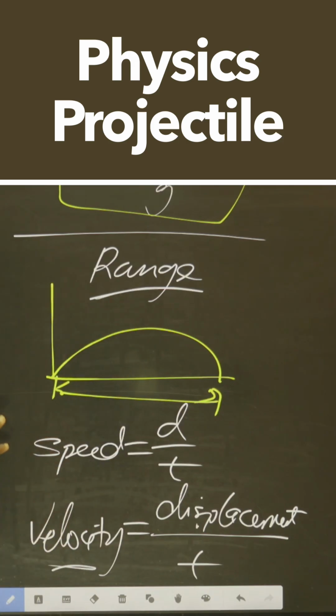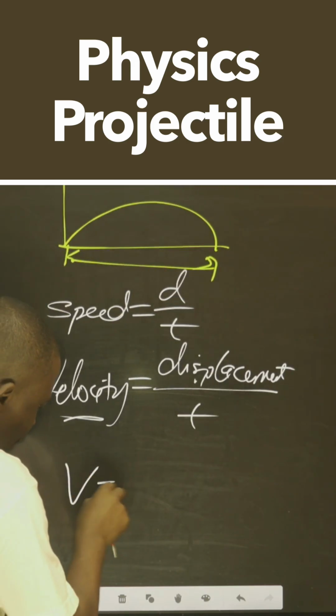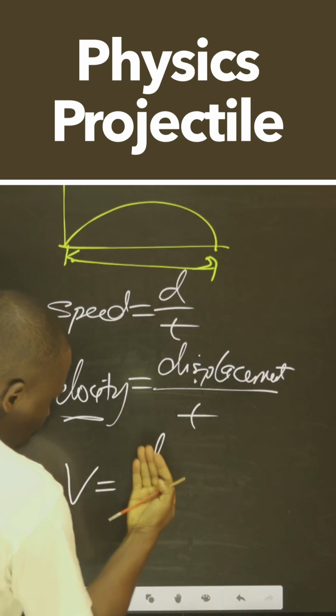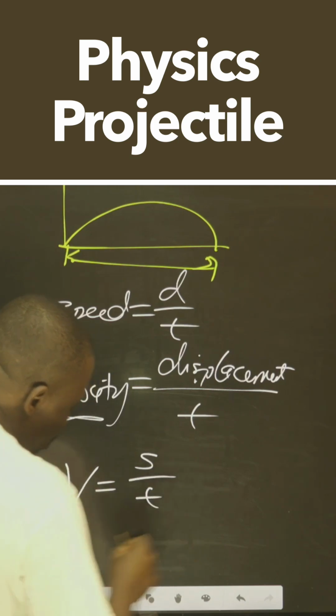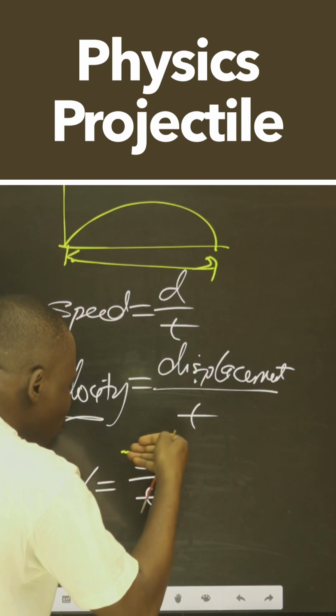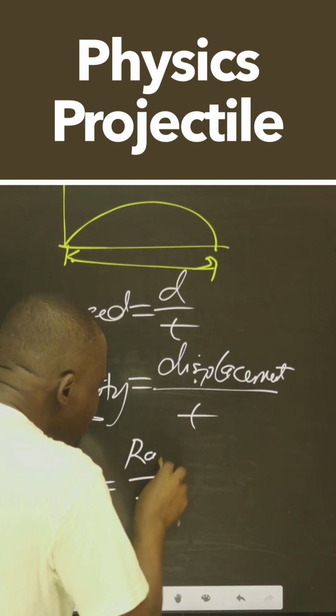Because now we are going to use velocity equals to d, which is going to represent our distance now. Or you can also say x, because we are considering here to here horizontal distance. We can replace it with what? With range. Just the name change.